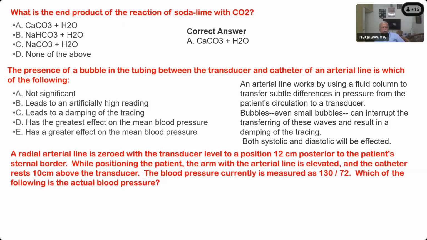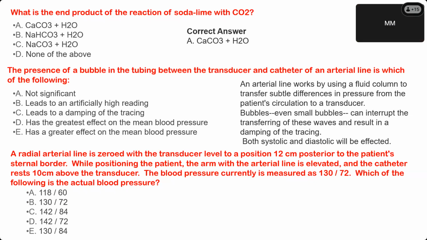Which of the following is the actual blood pressure? A, 118 by 60; B, 130 by 72; C, 142 by 84; D, 142 by 72; and E, 130 by 82. Option C, sir. 142 by 84.